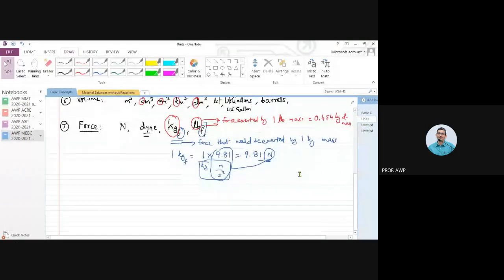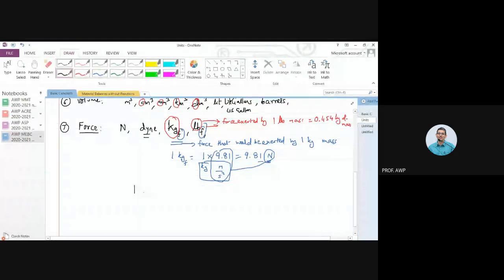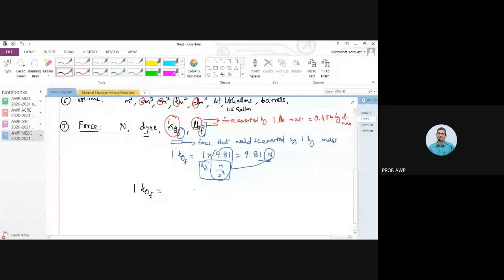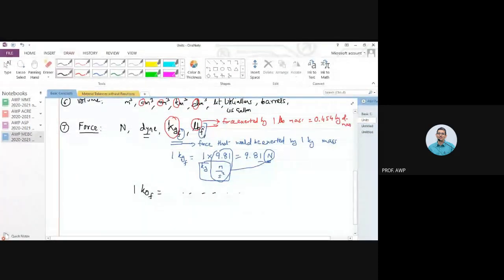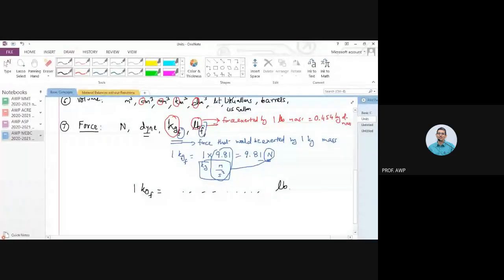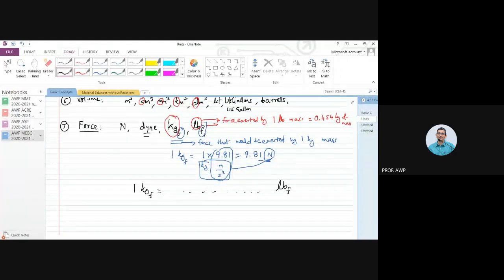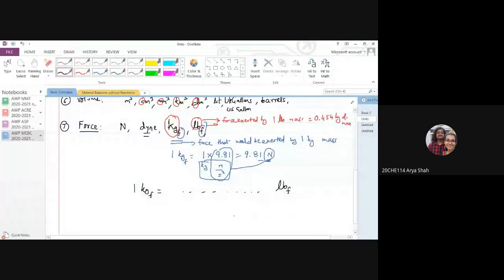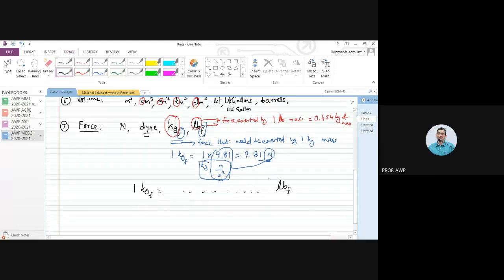So let's try to convert 1 kilogram force. I want you to tell me how many pound force that is. How will we get that? Do I have to multiply by 0.454 or divide by 0.454?